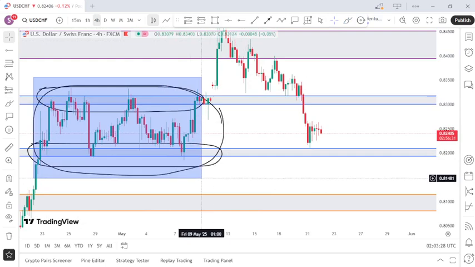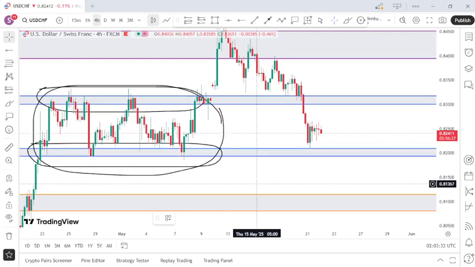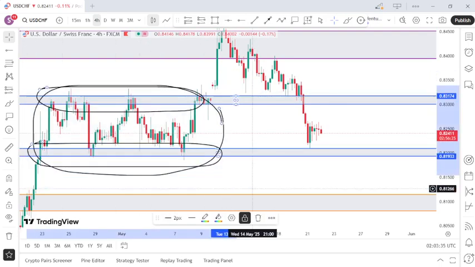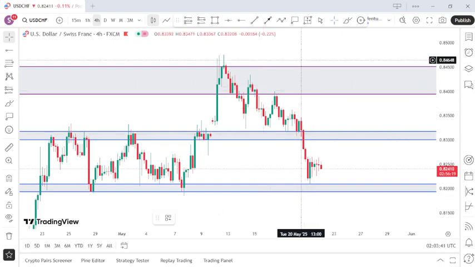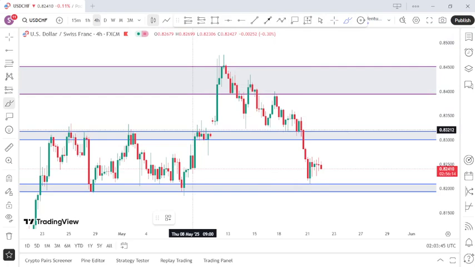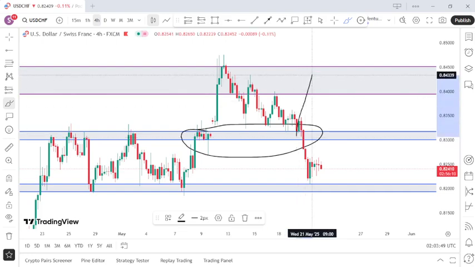If you watch closely, there was a high chance that price would get buying pressure from this zone and continue moving to the upside.